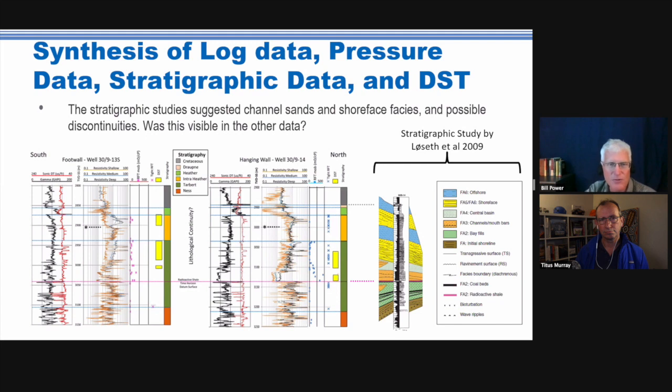An area of good reservoir is going to show us a nice separation. So in the hanging wall, there is a good separation just above the radioactive shale. And you can see that corresponds with a spot where they did a drill stem test, or DST. So there are two DST tests in there.